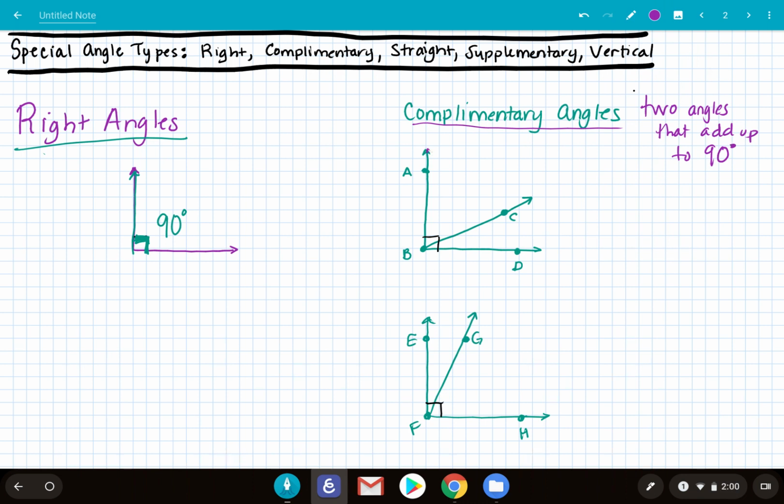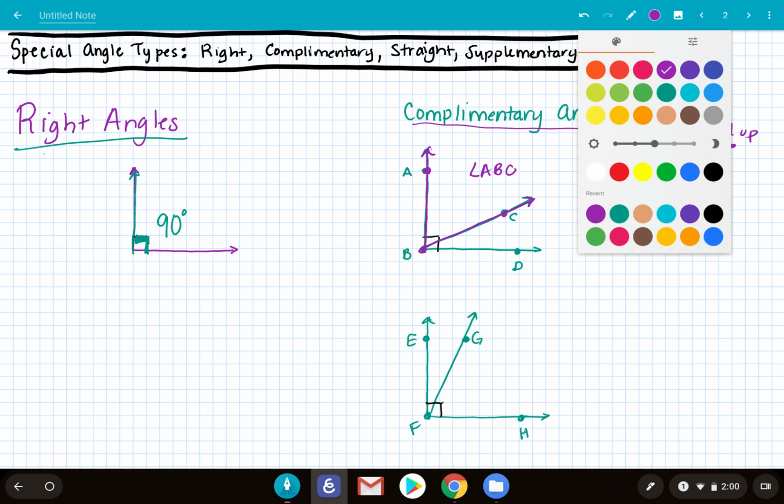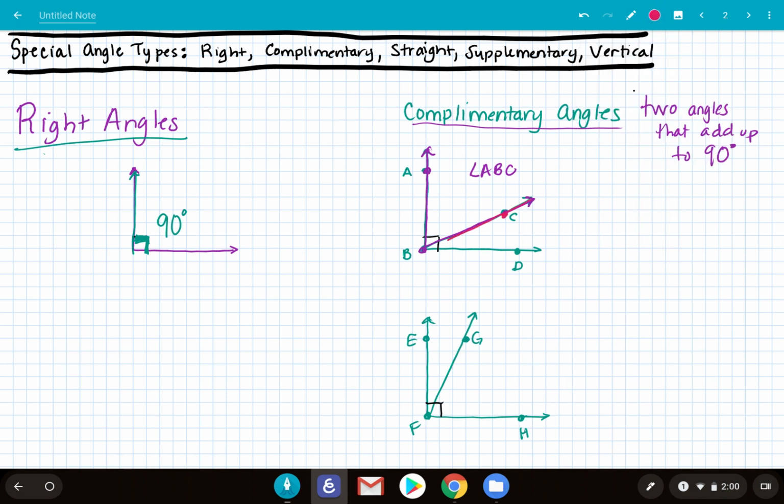And in this case, I can see I have angle ABC right here. And then I have angle CBD. And they are complementary because they add up together, they form angle ABD.